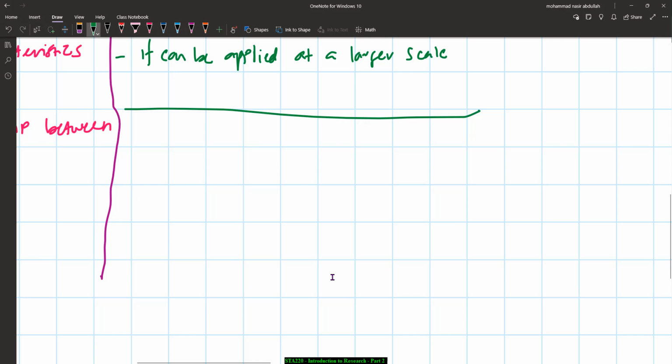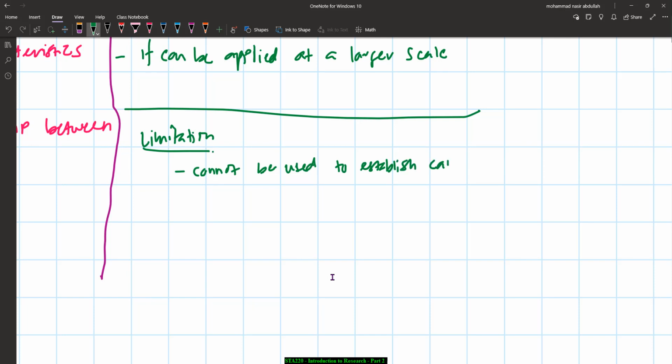So of course there is a limitation in correlational research design. It cannot be used to establish causality, right? So you need to know the correlation is not a causation, okay? Correlation bukan penyebab. Boleh faham? Correlation is not a causation.